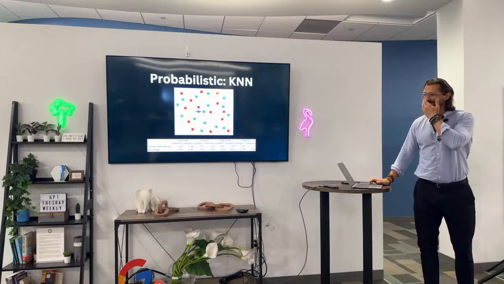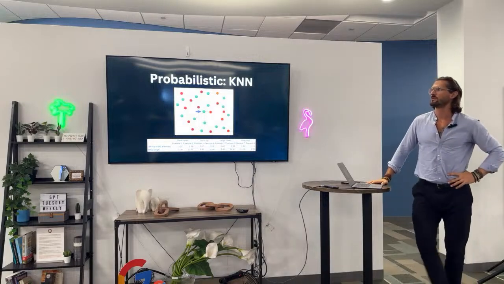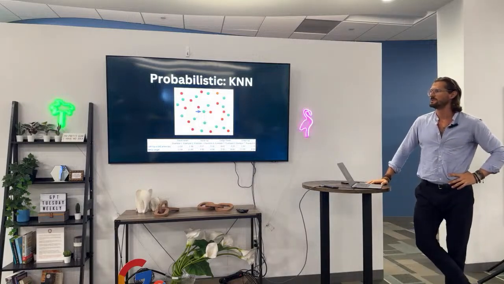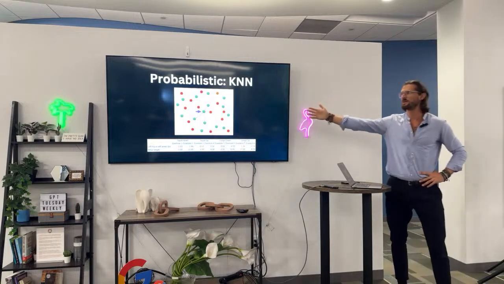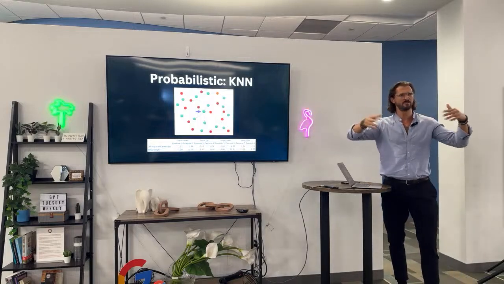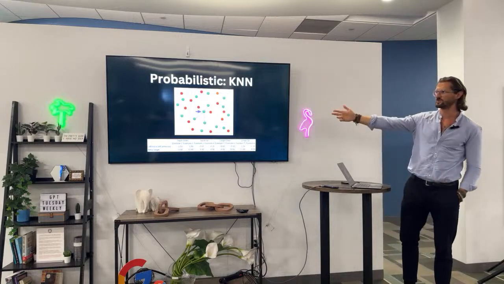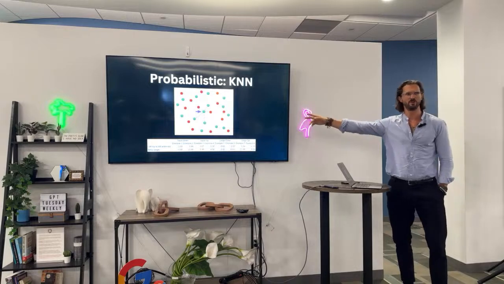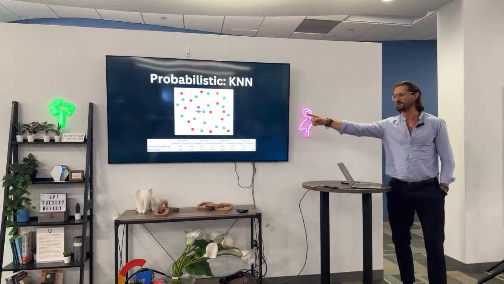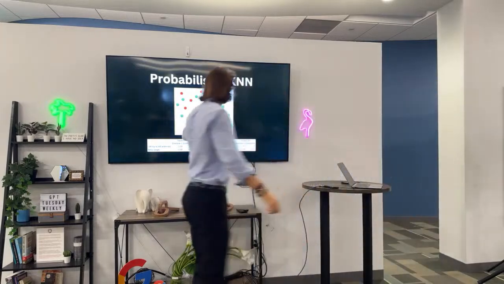For the probabilistic model, KNN, I'm not going to go into too much detail, but just to roughly explain the intuition behind it. You have some labeled data points in some multi-dimensional space. Here there's a two-dimensional space, and you've got green and red dots, labeled green or red. You want to label the one in the middle, your new observation.